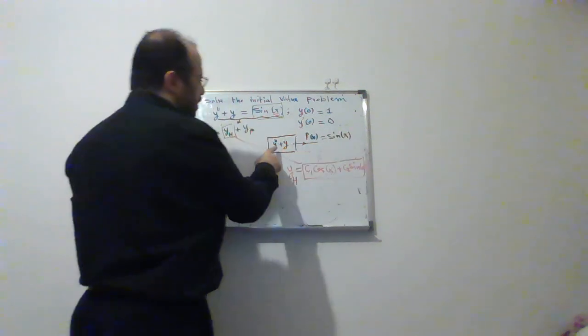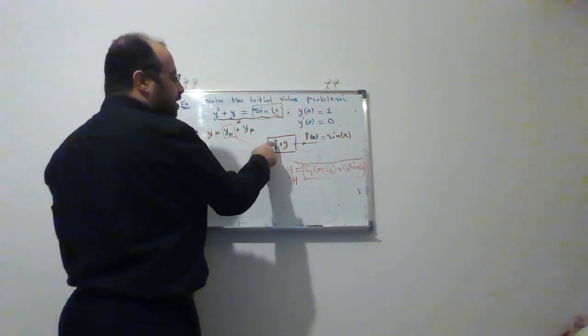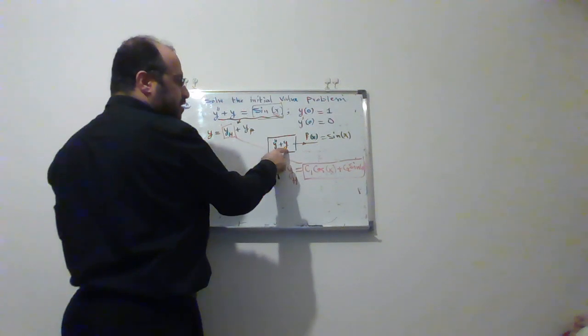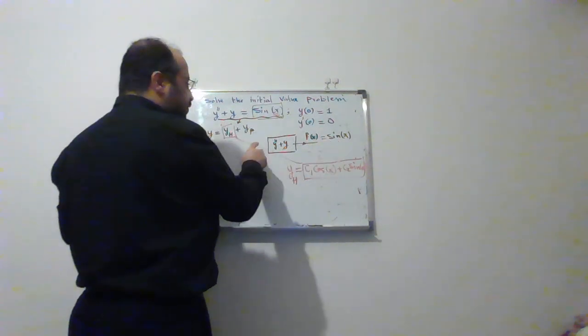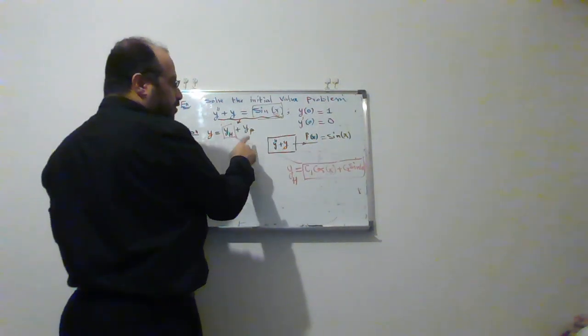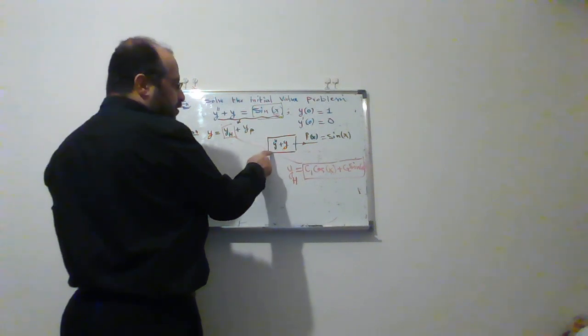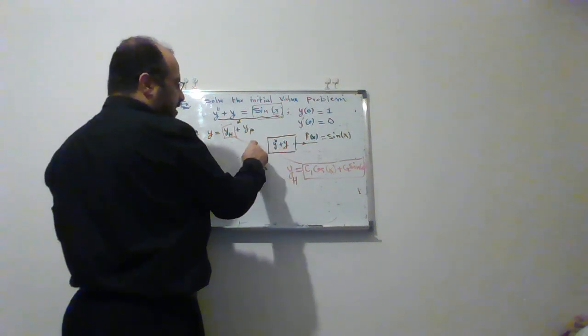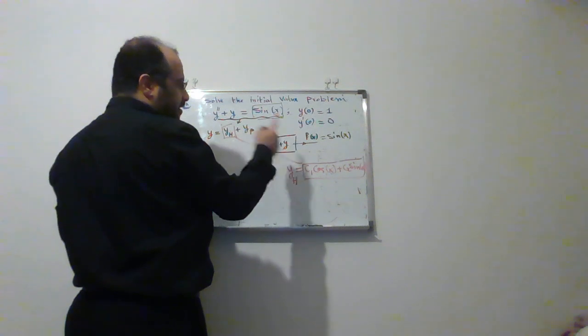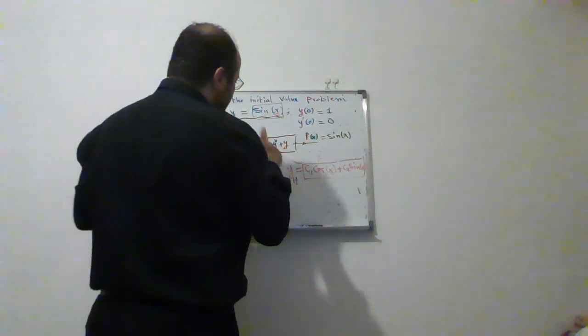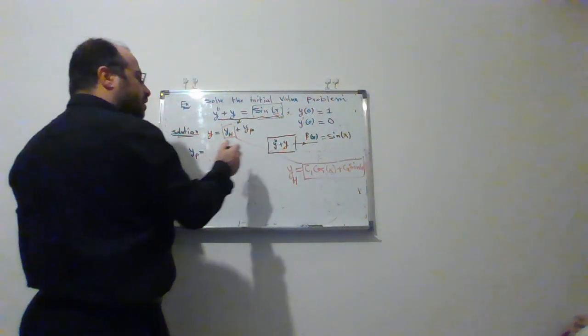Now can you tell me what function you differentiate twice and you add it to itself and you get sine? If you start with sine, for example, you differentiate twice, then you get sine and plus sine. So sine, then cosine, then sine. So you may guess that, but I prefer to go with sine and cosine.